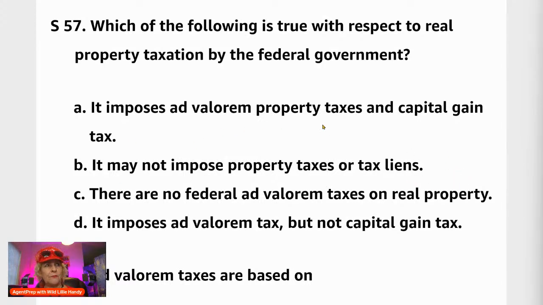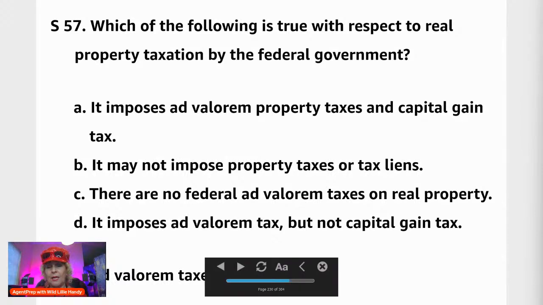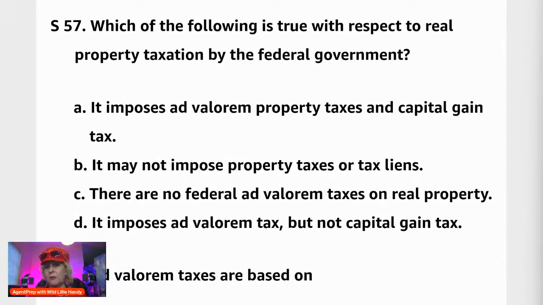It imposes ad valorem property taxes, no. The federal government does capital gains. So there are no federal ad valorem taxes. This is the property taxes that are added to every single property that you purchase. So it'll charge city tax, county tax, road tax, trash tax, city schools tax, college tax, all kinds of taxes. And that ad valorem property tax could be 2%, 3%, 2.5%.